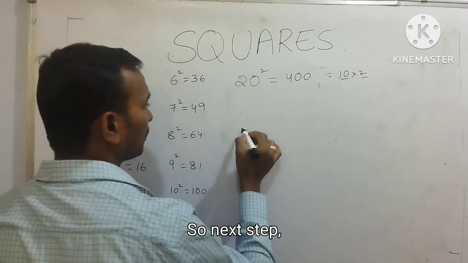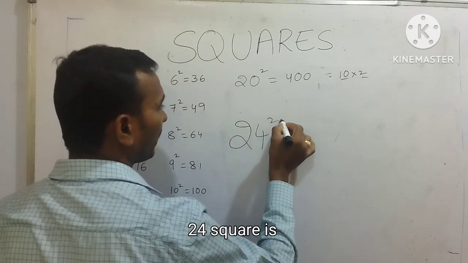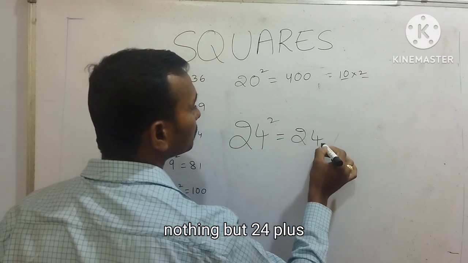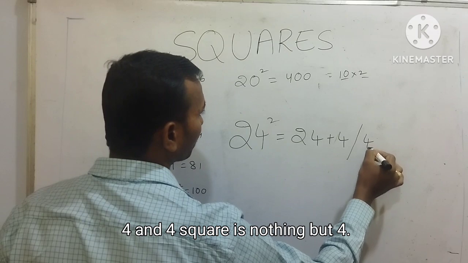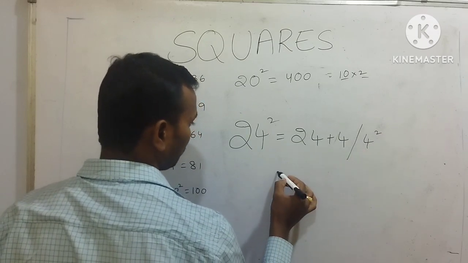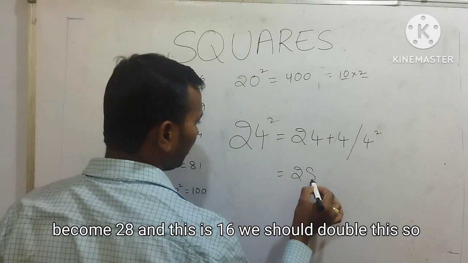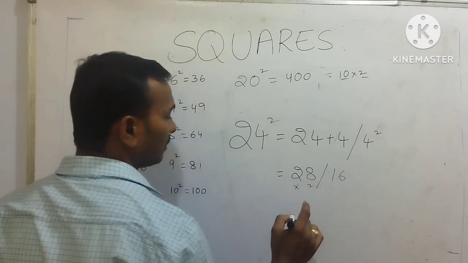Next, 24 square is nothing but 24 plus 4, and 4 square is nothing but 16. This is 28 first, if you add 24 plus 4. And this is 16. We should double this.